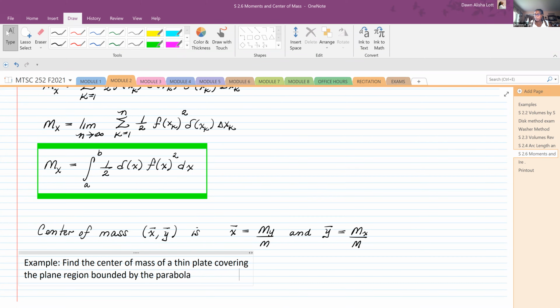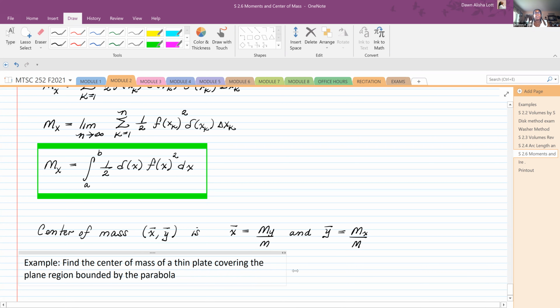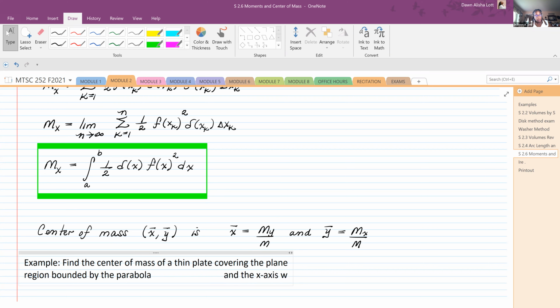The parabola, for those of you who are writing now, is y is equal to 4 minus x squared, and the x-axis, whose density is 2x squared.